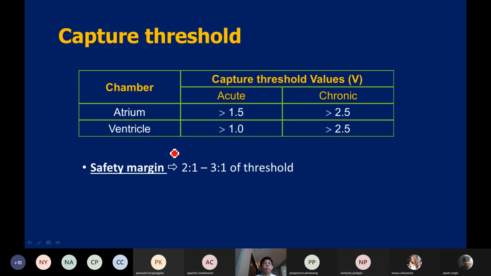Because if there is some failure of the system, if there is some fracture of the lead, the pacing threshold might increase to more than 0.8, and that would cause a problem if you program the pacemaker output too low. Does anyone have any question about this capture threshold?